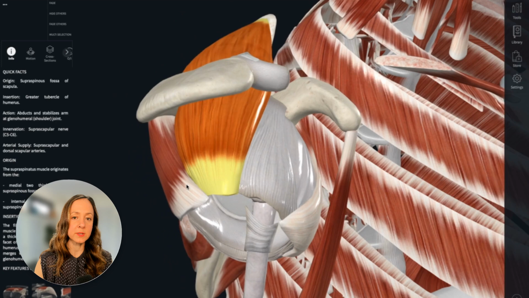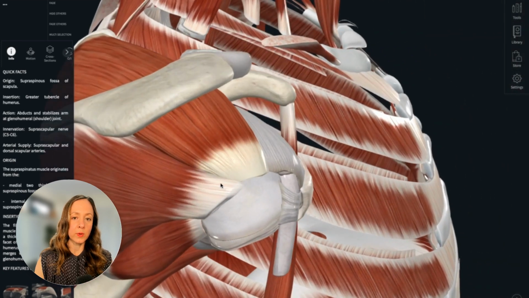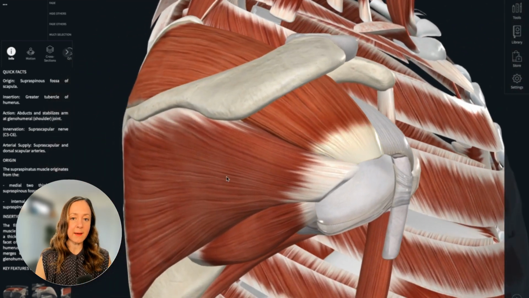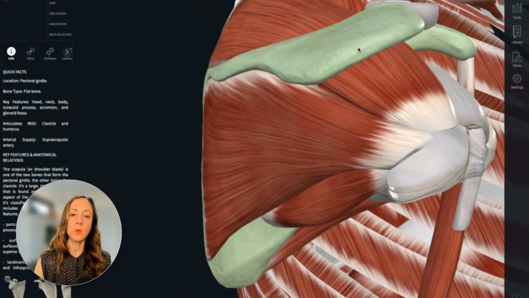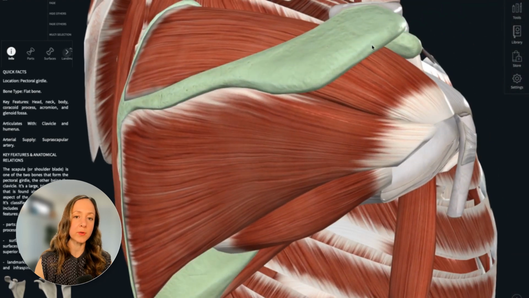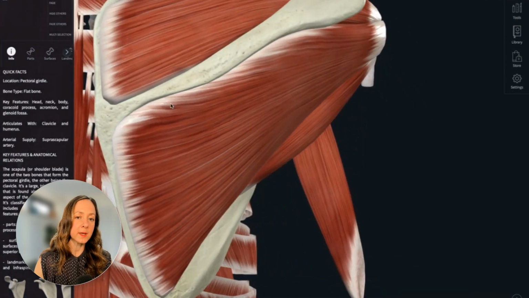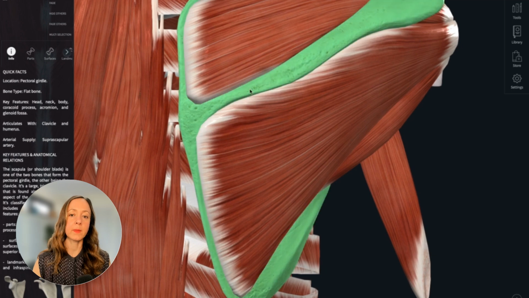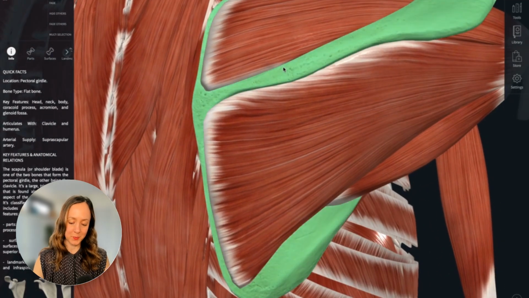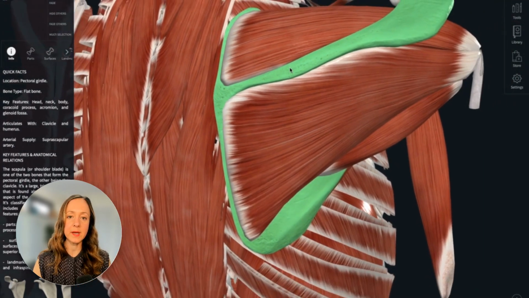As we zoom out, we'll come around. Now, we've already looked at the scapula in some depth, and we can recognize here the acromion process of the scapula, hopefully. And remember the spine of the scapula just there, the medial border of the scapula. So we have the scapula in the pocket now, hopefully, feeling confident with scapula.